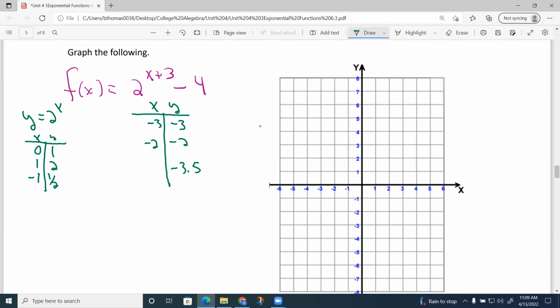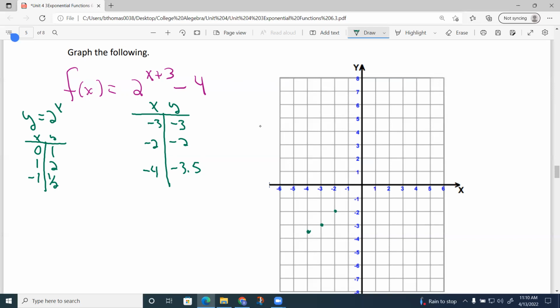And -1 take away 3 would be -4. Those become your new ordered pairs: (-3, -3), (-2, -2), and (-4, -3.5). Those are your three critical points.